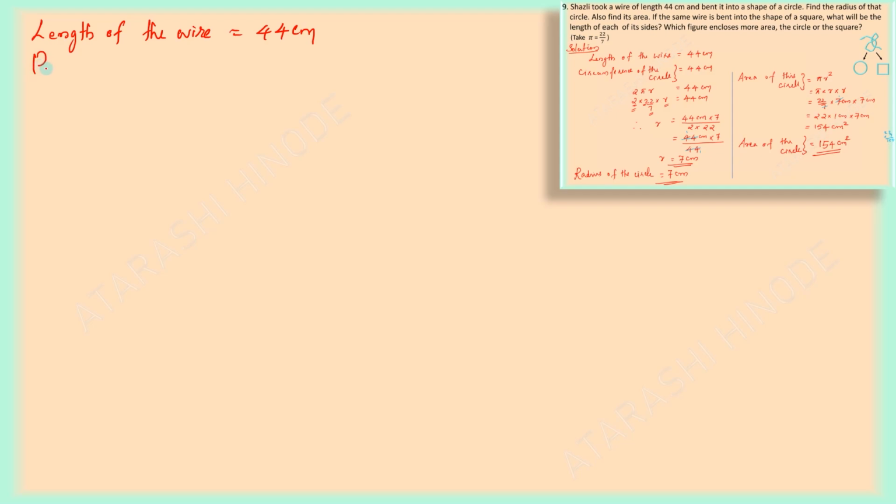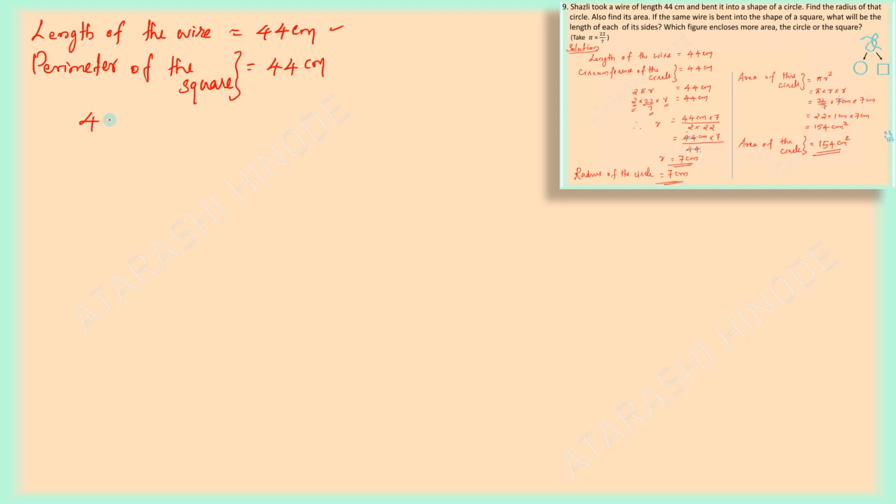Now, perimeter of the square, that is equal to, it will be the same as the length of the wire. So here we can write 44 centimeter.